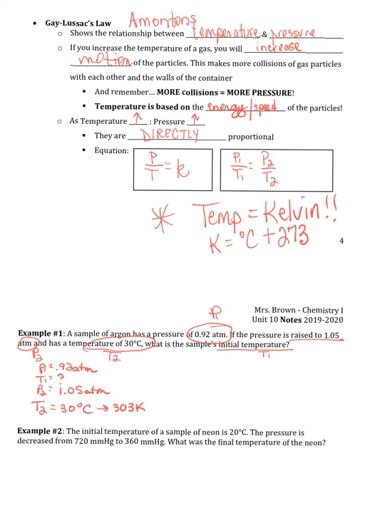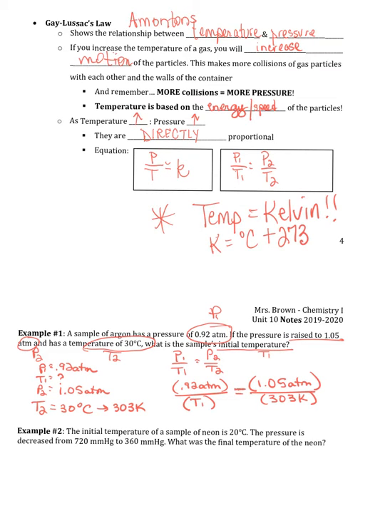I find it's easier to do everything right in the table so I don't forget anything. So our equation is P1 over T1 equals P2 over T2. Plug and chug. P1 is 0.92 atmospheres. T1 is our question mark. P2 is 1.05 atmospheres. And T2 is 303 Kelvin.